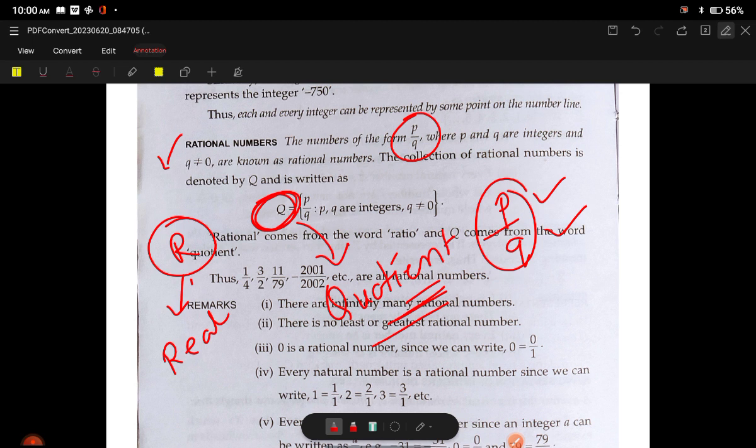But in this quotient, the denominator cannot be zero. If the denominator is zero, then the rational number will be invalid, or you can say undefined. I always say the denominator cannot be zero, because if I say divide one chalk into two parts, you can divide.